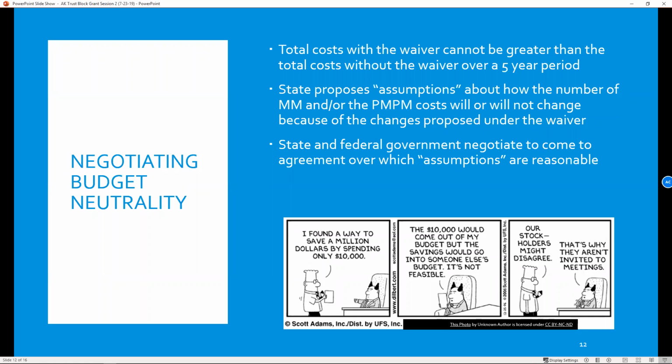And then there has to be an agreement between the state and the federal government over the per member per month numbers, the member month numbers, and the trend rates for each of the populations for each of the 5 years.